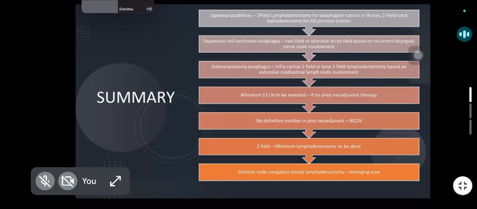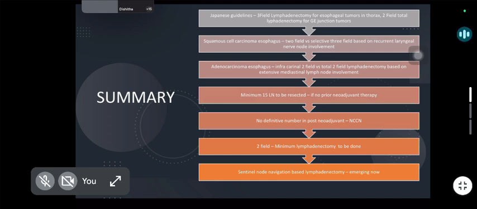So in summary, according to Japanese guidelines, 3-field lymphadenectomy for esophageal tumors in thorax we should do. 2-field lymphadenectomy for GE junction tumors we should do. For squamous cell carcinoma of esophagus, 2-field versus selective 3-field based on recurrent laryngeal nerve node involvement should be considered. So if recurrent laryngeal nerve on the right side is positive, then we'll go for complete 3-field lymphadenectomy by removing cervical lymph nodes.